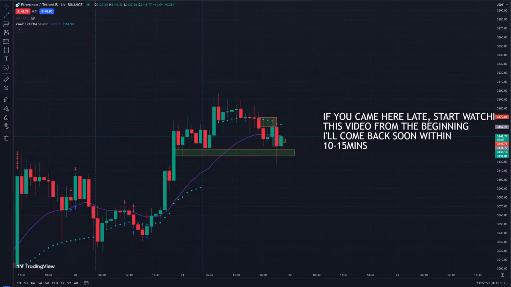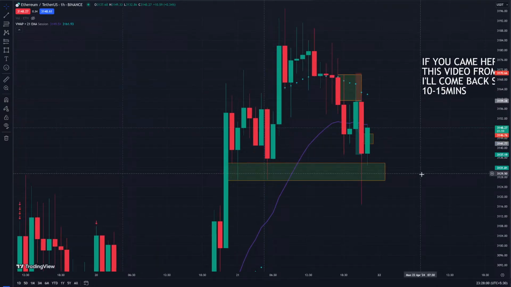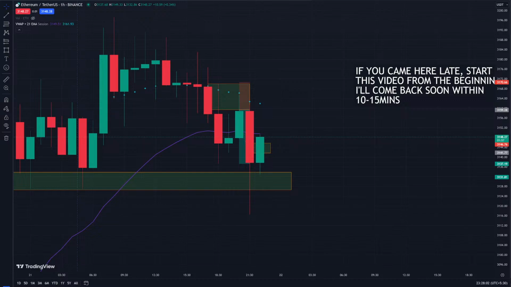You can still see price is below our 21 exponential moving average. So once price crosses above this 21 EMA, then only we will take trades for the upside.